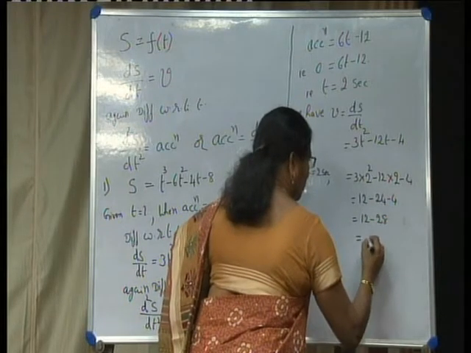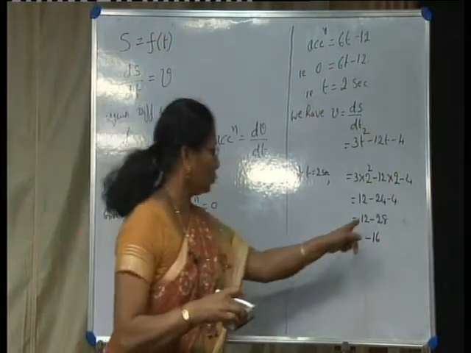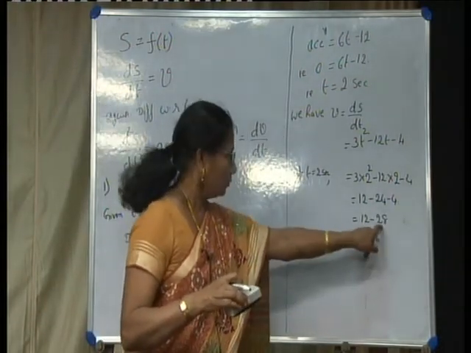So, this is equal to minus 16. 8 minus 2 is 6, 2 minus 1 is 1, and for the bigger number the sign is minus.